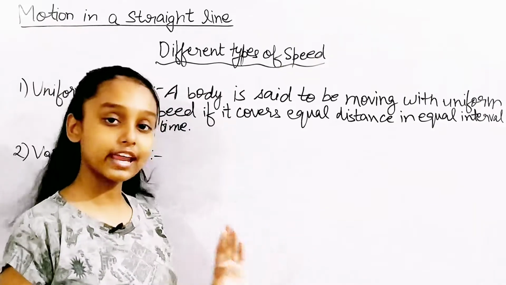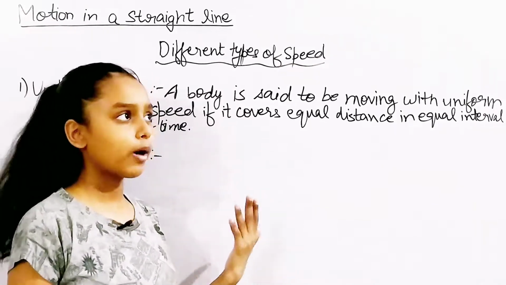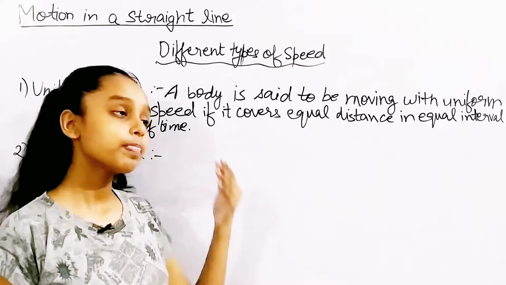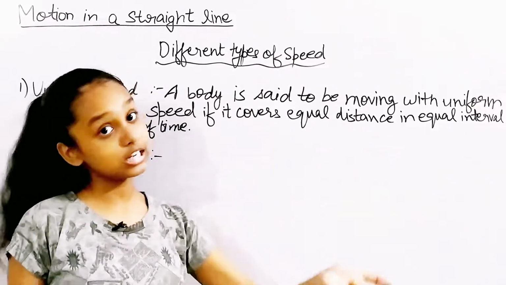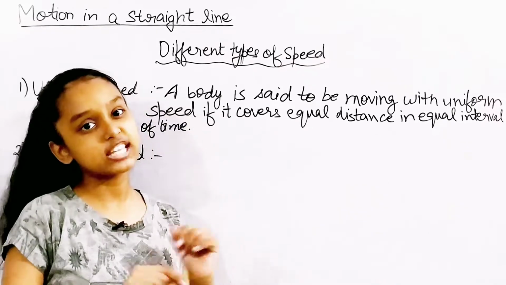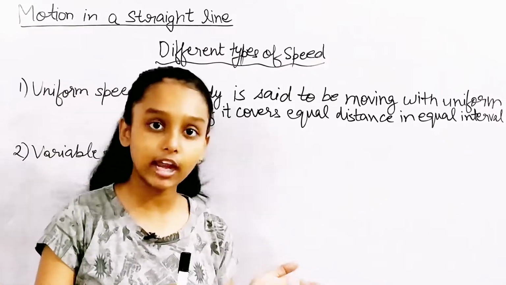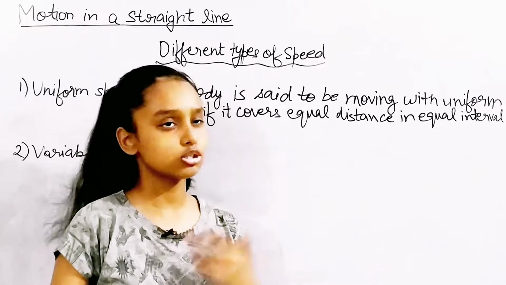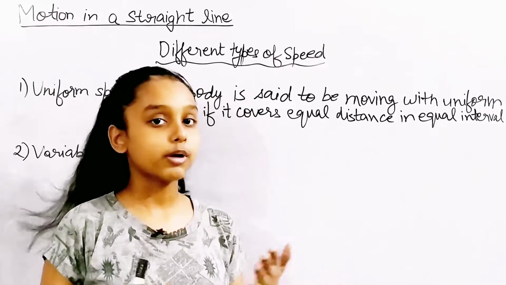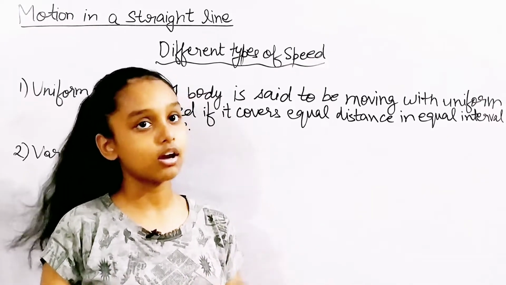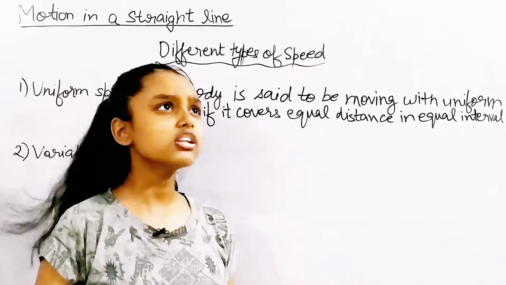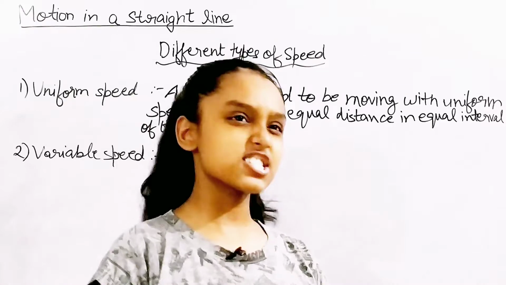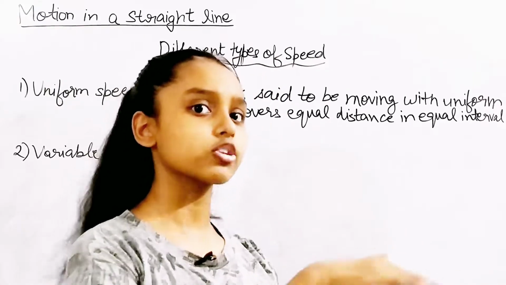In the first 10 seconds, the body covered 7 meters. In the next 10 seconds, it covered 18 meters. Maybe there was a traffic jam there, and due to that the body had to stop, and so on. There might be a lot of reasons, but let's not discuss it too much.